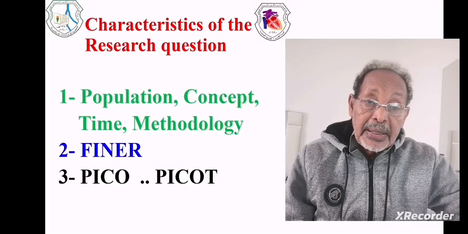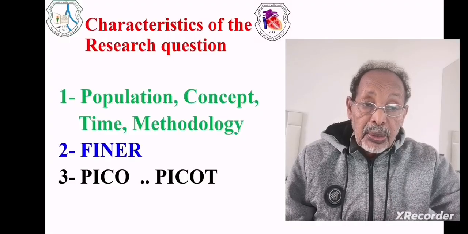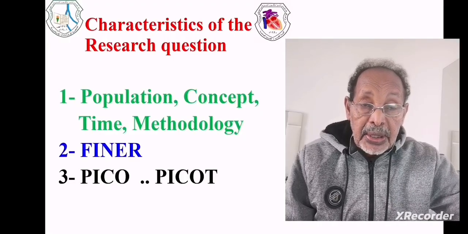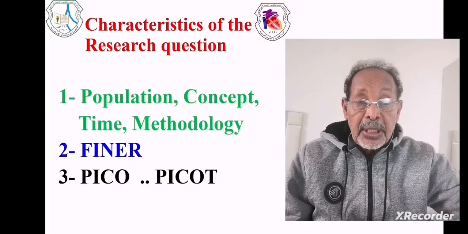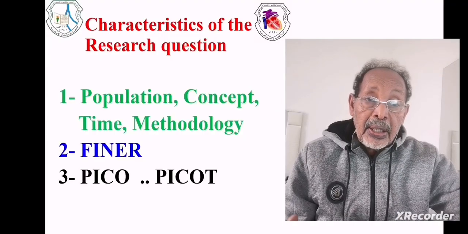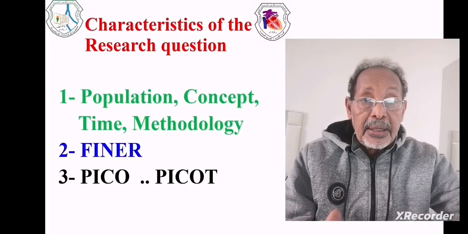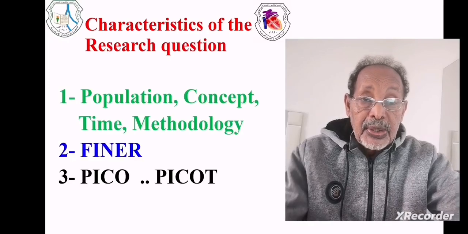And if we add T, denoting time limit for the study or duration of the study, the time in which we have done the study, then the interventional research title will be an excellent title, and the research question also will be an excellent research question.